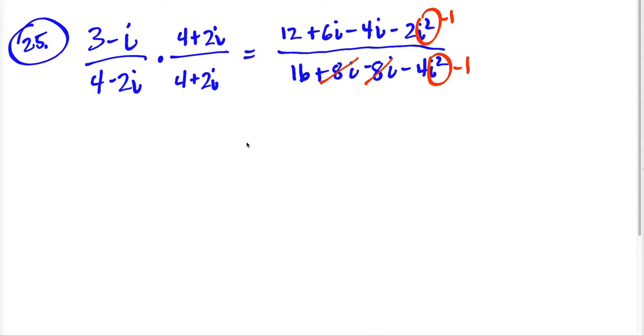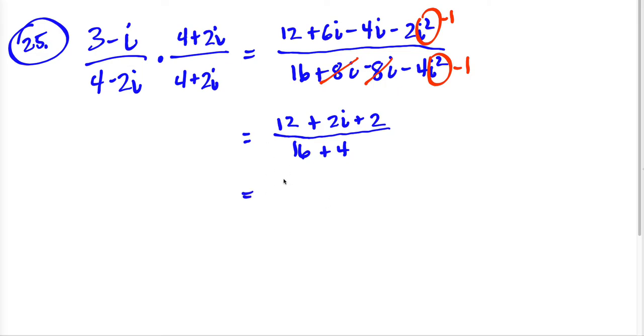So on the next line, depending on how much you like to do in your head, it could be different for everybody here. 12, I can combine these two together right away if I want. So 6 minus 4. And then -2 times -1 would be plus 2. 16, -4 times -1 would be plus 4.